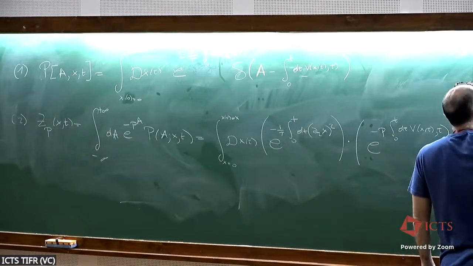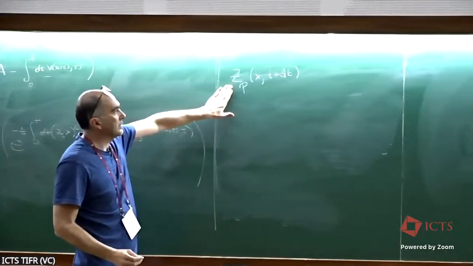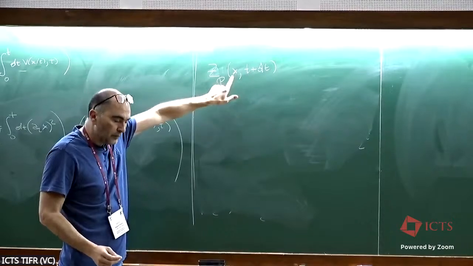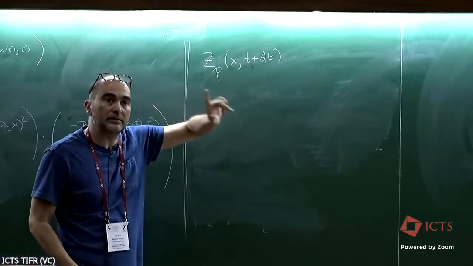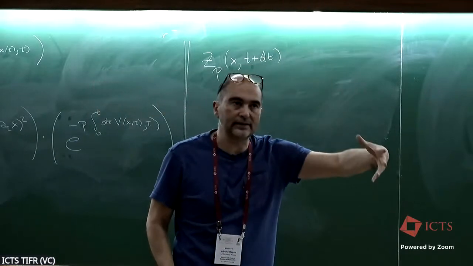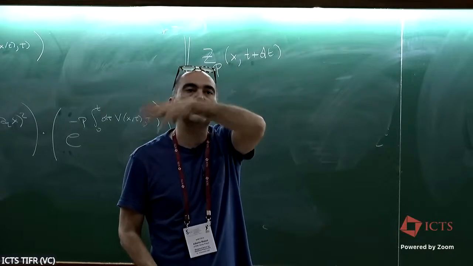So what I'm doing is I want to know what is Z for paths starting at 0 that end up in x, but not at the time t, at the time t plus delta t. Could I express this as a function of what happened up to the time t?